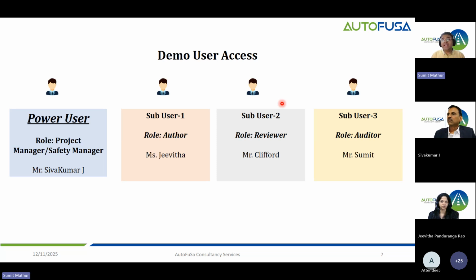We will demonstrate to you how Autopro tool, starting from creation of the project to the end, how you can develop the products through this, how you can do the authoring, how you can do the reviews, how you do the auditing role, and finally close the project. So this is something which we will show throughout this journey.